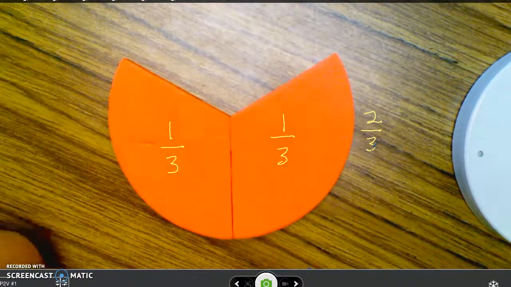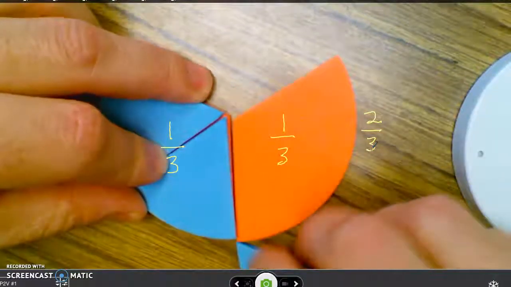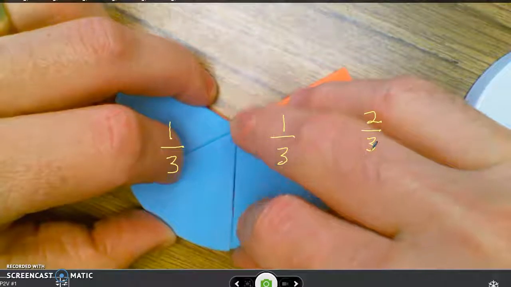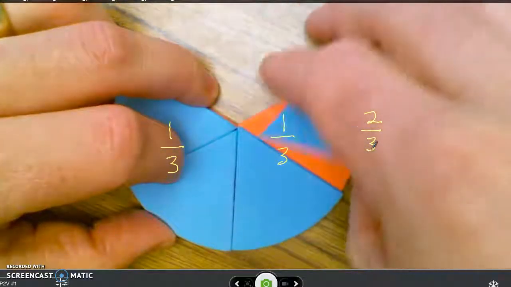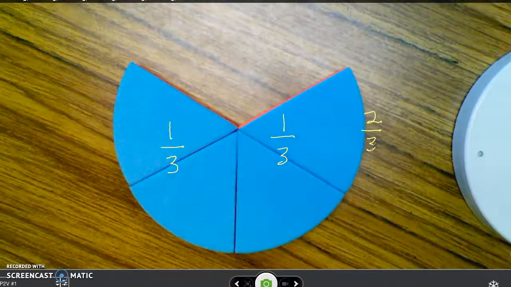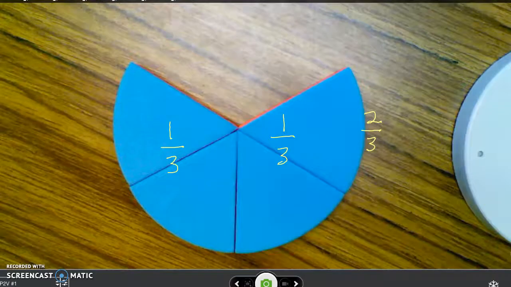Now I'm going to cover up these fraction pieces with some other fraction pieces, and you're going to see that I still have the same amount. The only thing that's different is the size of the pieces. So I no longer have pieces that are 1/3 of a size.